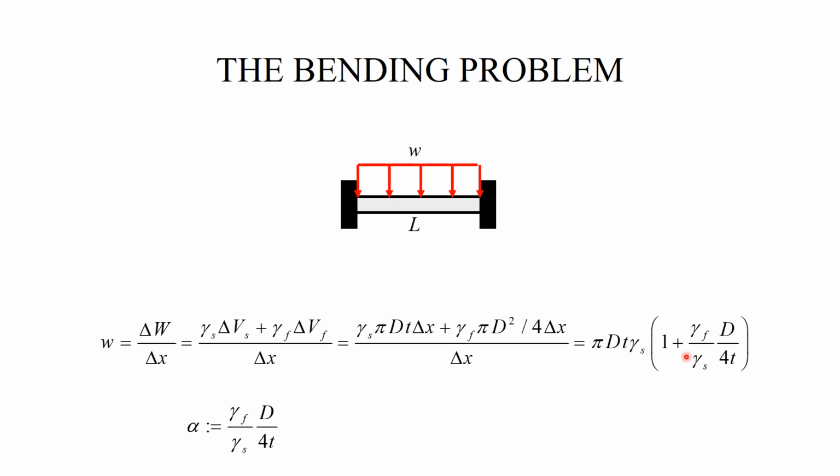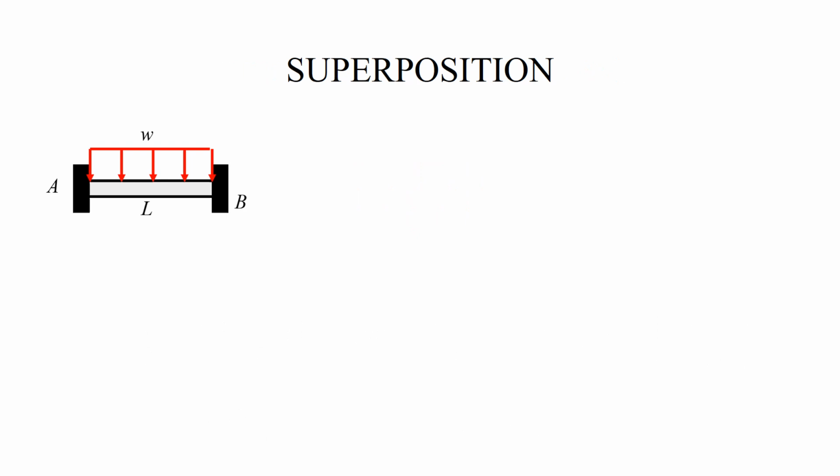And of course, I will carry around this formula. It makes my life a little bit easier because it shortens the notation. So now let us proceed to the analysis of the beam.